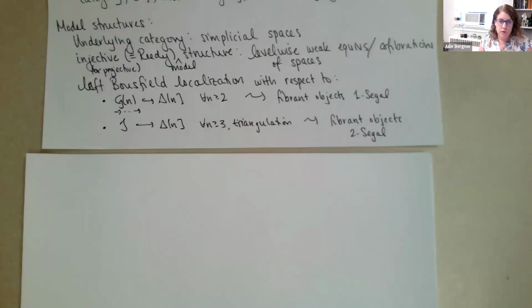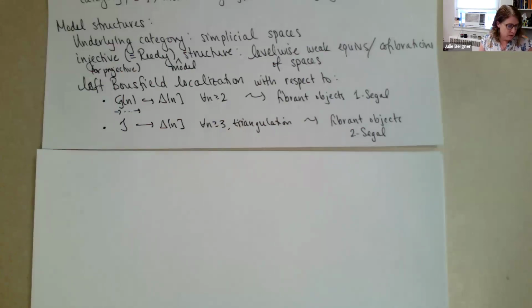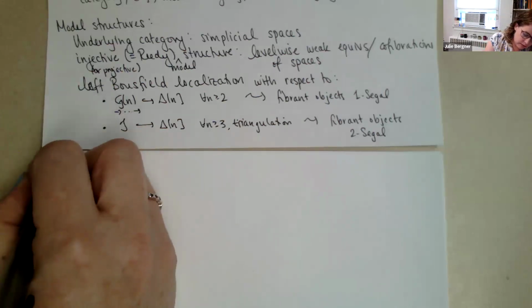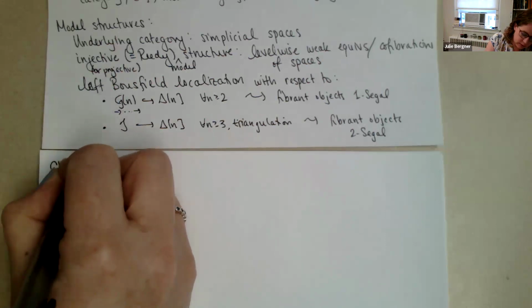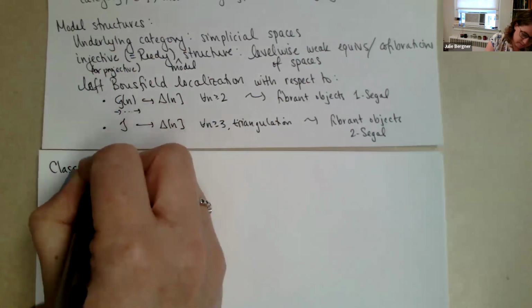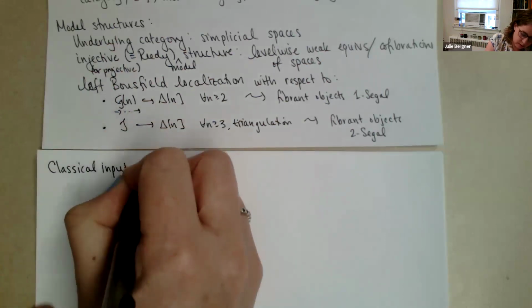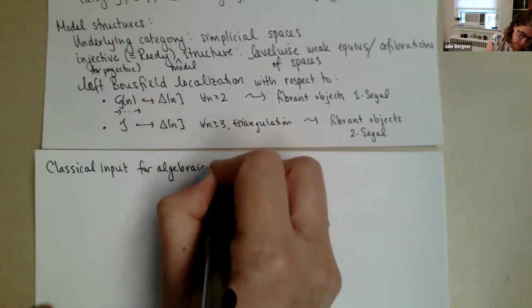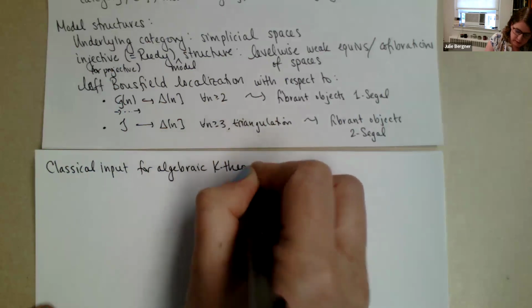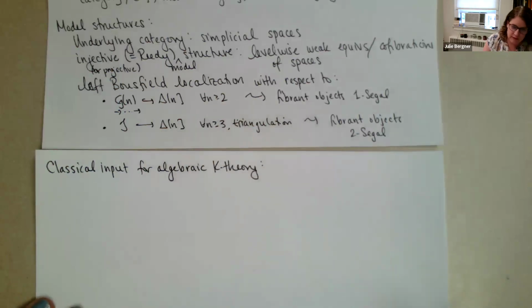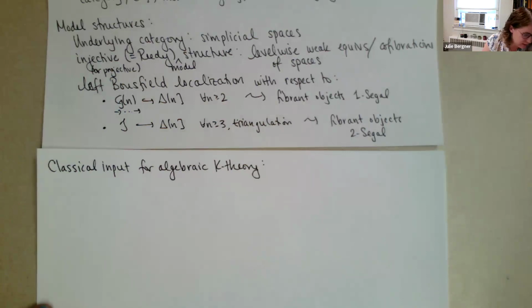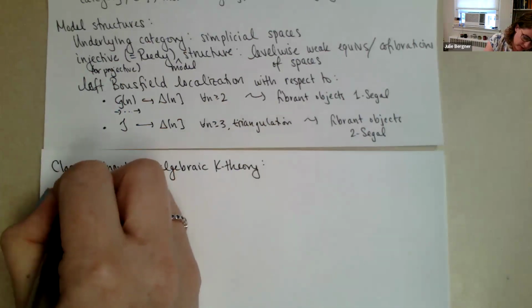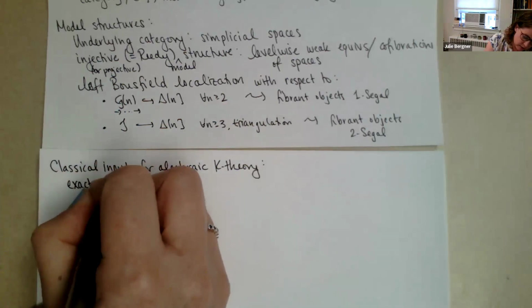Okay, so now I want to switch gears and talk about the S-dot construction and a little bit of motivation for it. So one of the classical inputs for algebraic K-theory. I'm going to guess the most classical input is a ring, but I'm going to skip ahead in history a little bit more. And that's that of an exact category.